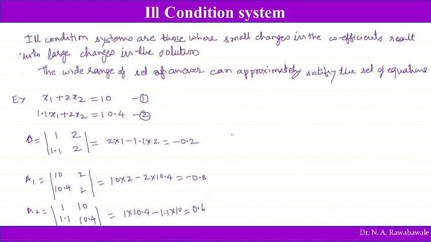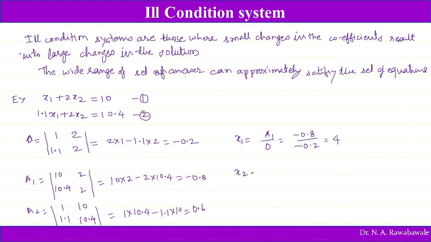Now on simplification, the value of x1, if we want to find out, x1 is equal to A1 divided by D. A1 value is minus 0.8 and D value is minus 0.2. So this becomes answer as 4.